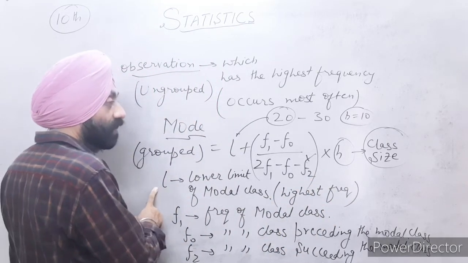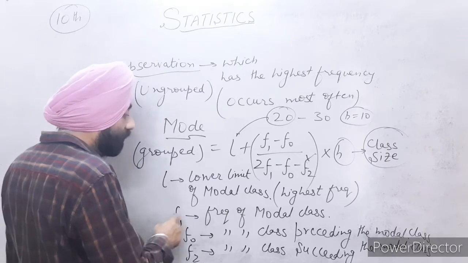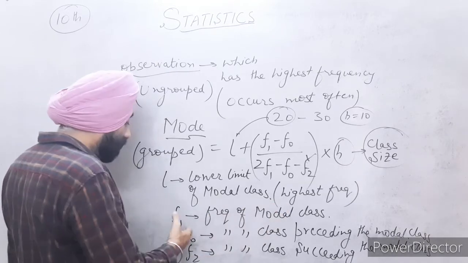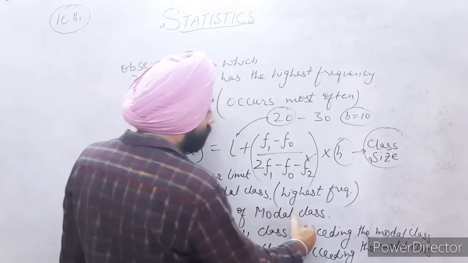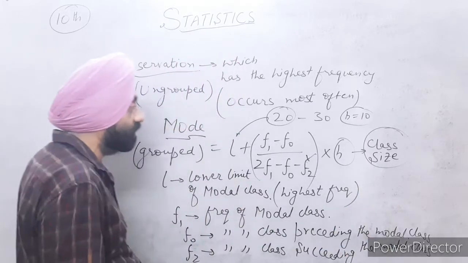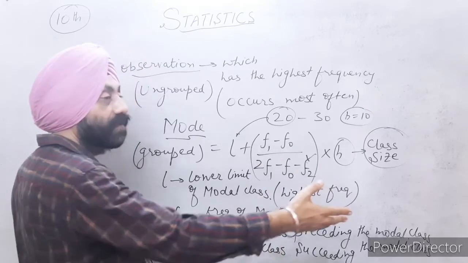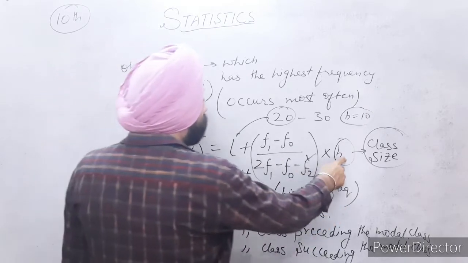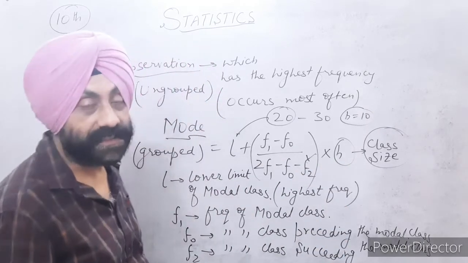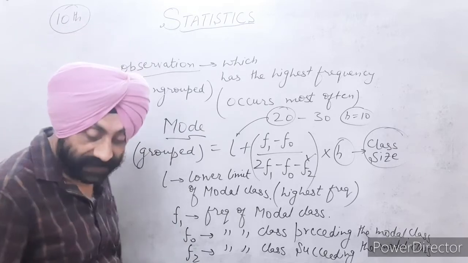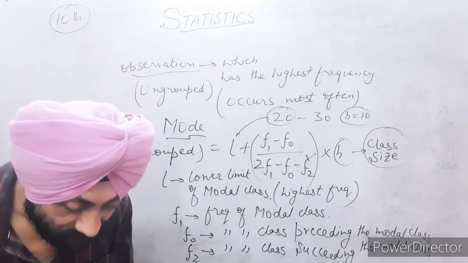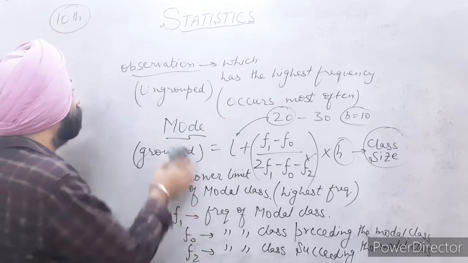We take the lower limit of that class, F1 the frequency of the modal class, F0 the frequency of the class preceding the modal class, and F2 the frequency of the class succeeding the modal class, and H is called the class size. This is how we find mode of grouped or ungrouped data, right?